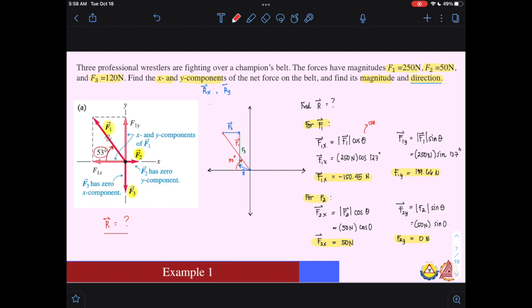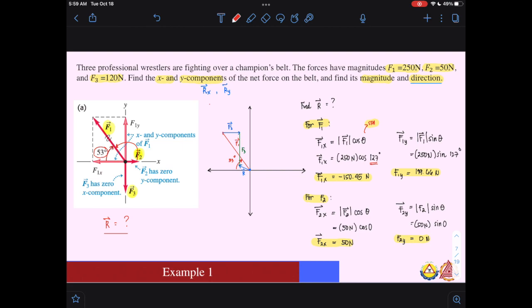So the angle of F1, measured from the positive x, is 127 degrees, from the positive x up until this vector F1.